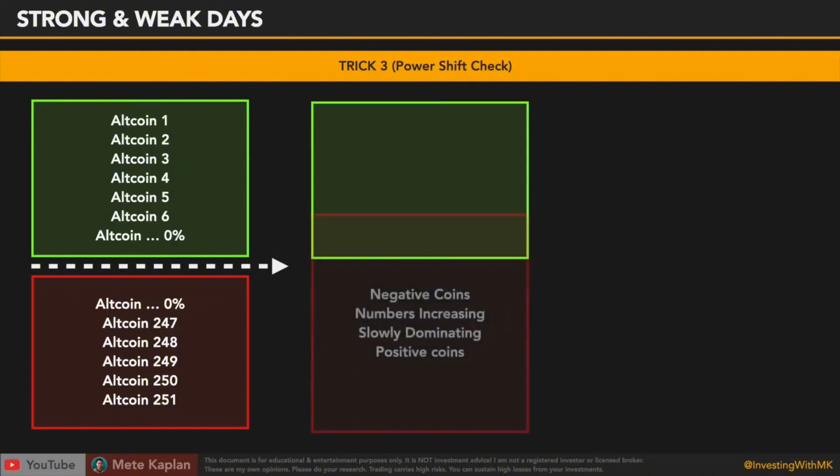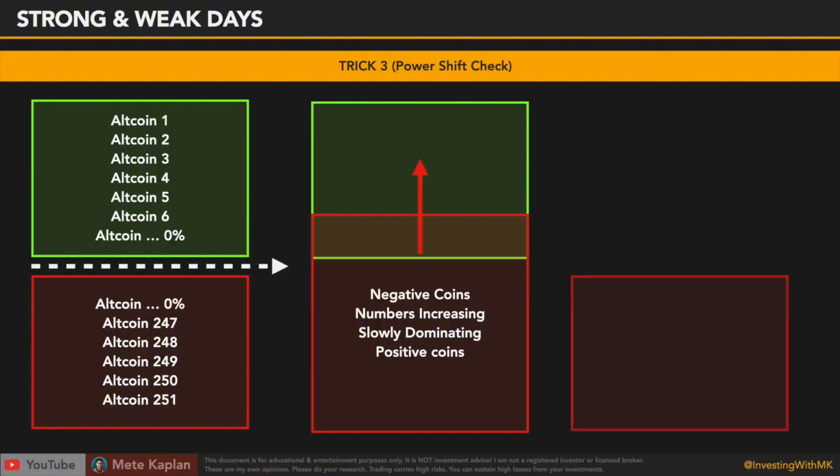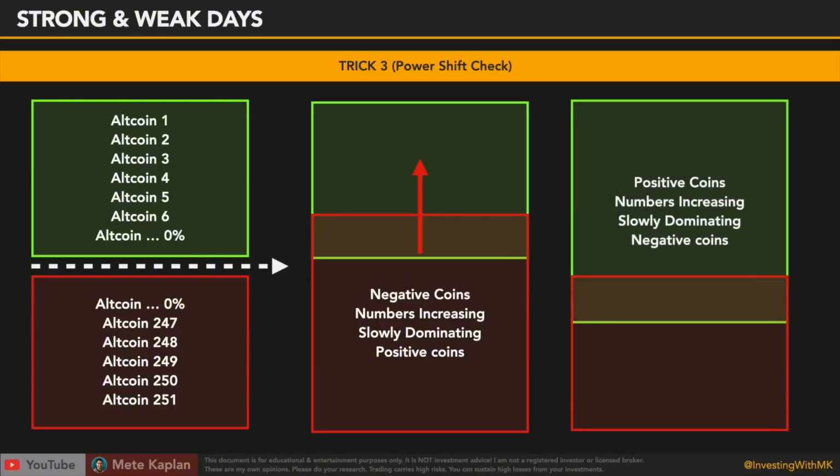So, if you notice that the number of negative coins is rapidly increasing, it may mean that the sellers are gaining more power and start dominating the buyers. However, if the opposite happens, the number of positive coins starts to increase, it may mean that buyers are gaining power and start dominating the sellers.